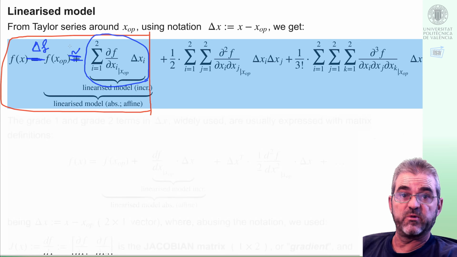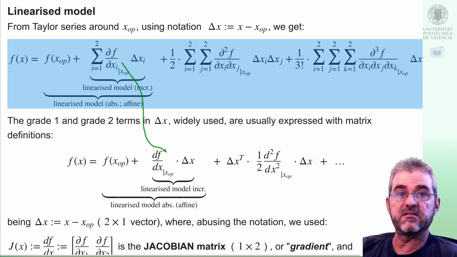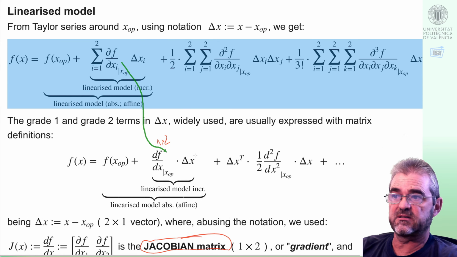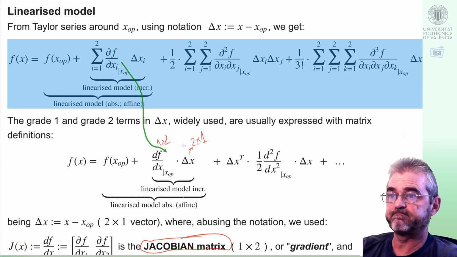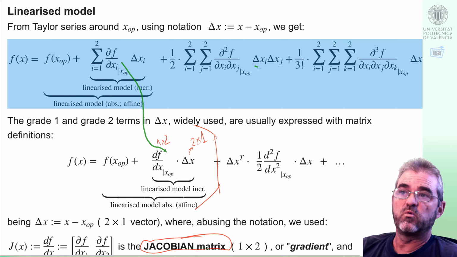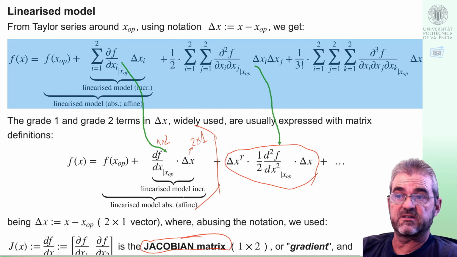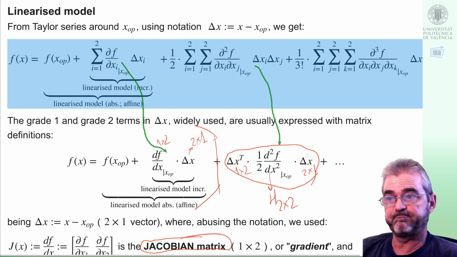And as linearized models were widely used, this thing was expressed in matrix form by this 1 times 2 Jacobian matrix times this vector, 2 times 1 column. Jacobian was a row. And even if they were not used in the linearized approximations, this quadratic expression was able to be written with this Hessian 2 times 2 matrix of second derivatives and left and right multiplication by the increments.